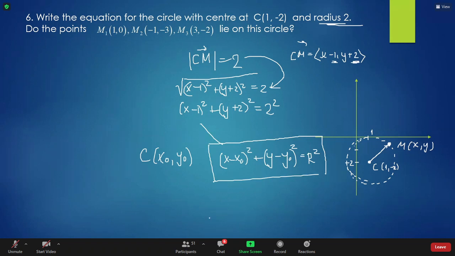So when we discuss circles, probably next week, we will not look at how we find the equation. We already know how we find the equation. We did it with specific numbers here, a very concrete circle, but we understand that if we simply put the coordinates of the center and the radius in general, instead of these numbers, 1, minus 2, 2, we get the equation of the circle in the general form.